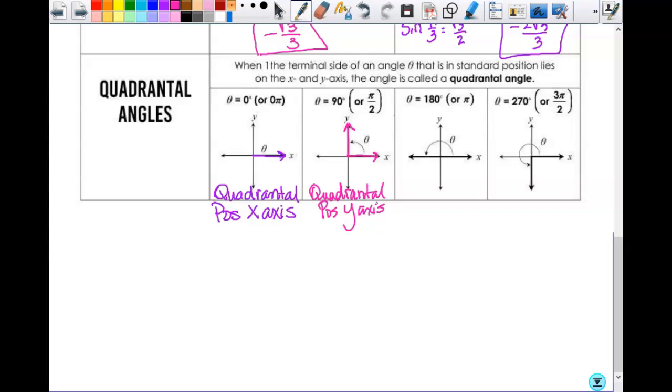I did? Okay. Well, it feels like I didn't because nobody was writing it as an answer. So just making sure. All right. So if you end up there, then this is quadrantal. And what do we write? Negative x-axis.